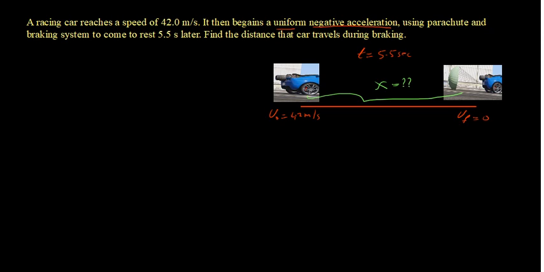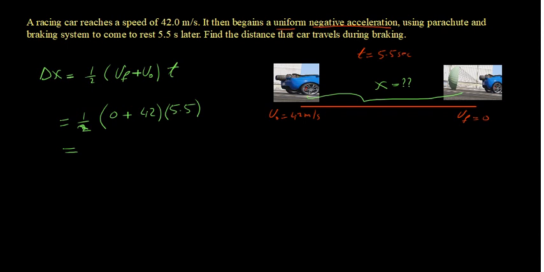The easy one is delta x equals half the sum of the velocities, the average velocity, multiplied by the time. So it's half of the final velocity, 0, plus 42, times the time, 5.5.